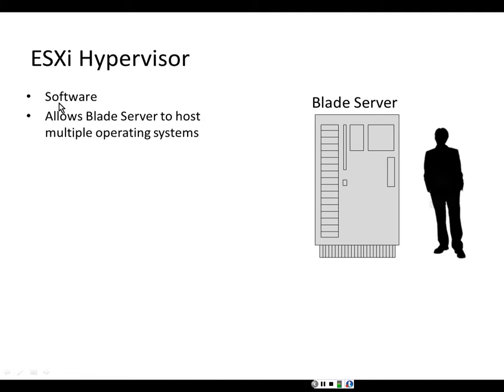The hypervisor is the software that allows the blade server to host multiple operating systems. The hypervisor is really the operating system for the big blade server. And VMware makes a hypervisor which is called ESXi, and Microsoft makes a hypervisor which is called Hyper-V.